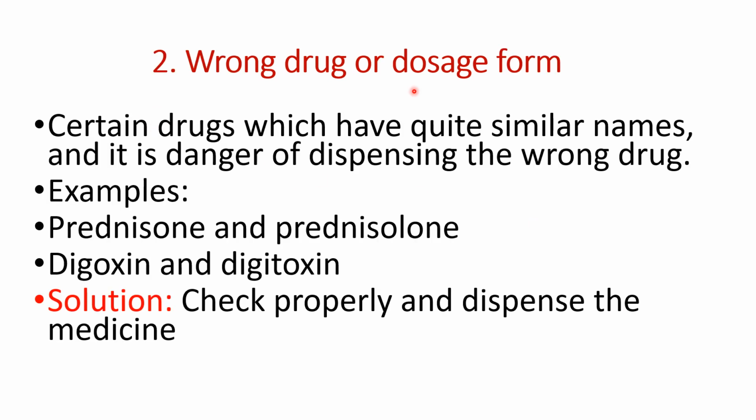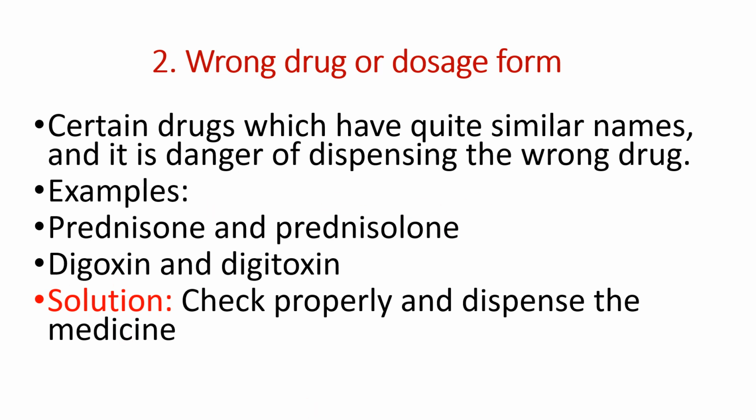Now, the second therapeutic incompatibility is because of wrong drug or wrong dosage form. We know that certain drugs have similar names with small changes in their spelling, and therefore it is always dangerous, as there is a chance of dispensing the wrong drug. So the pharmacist should be very careful in dispensing such drugs.